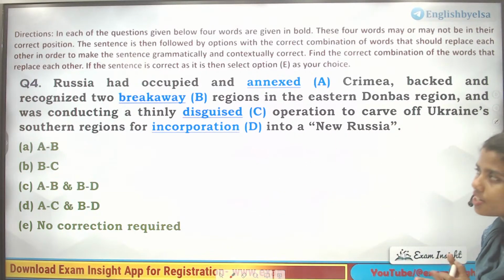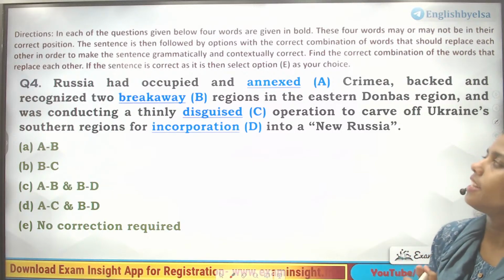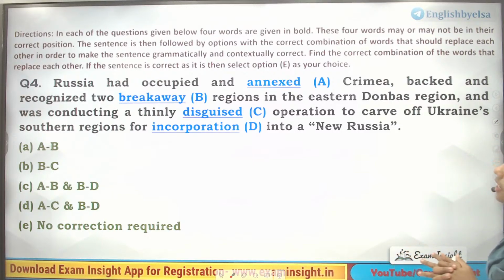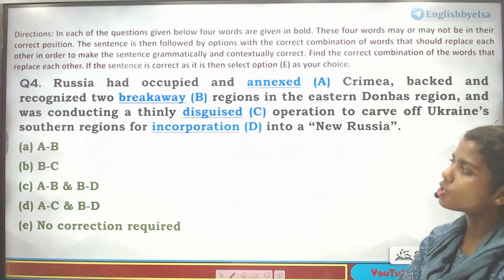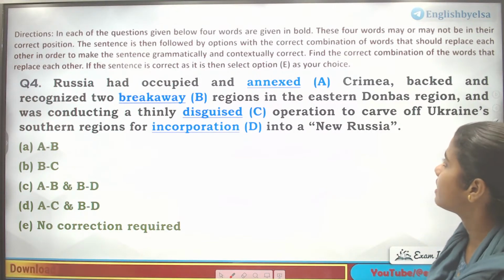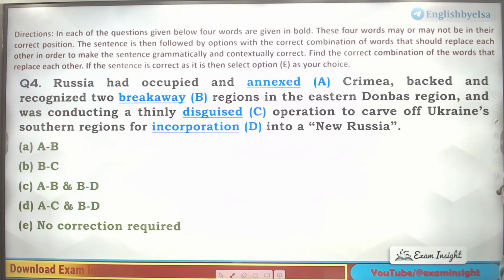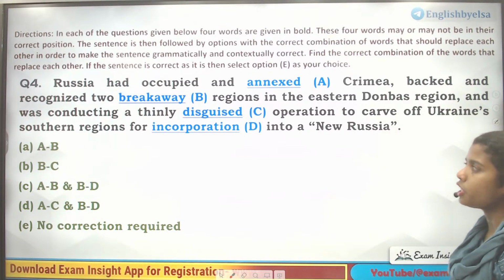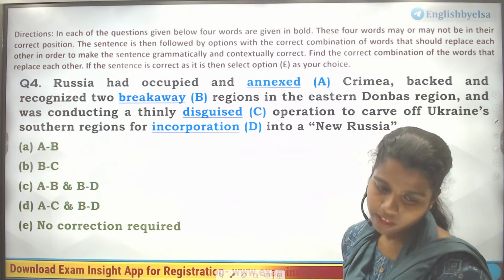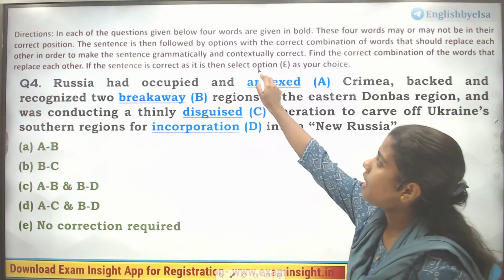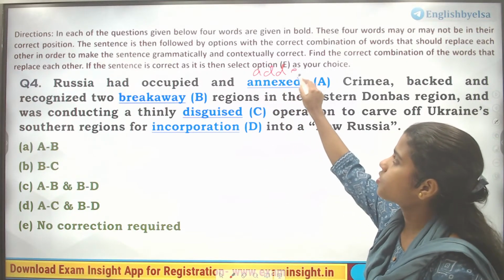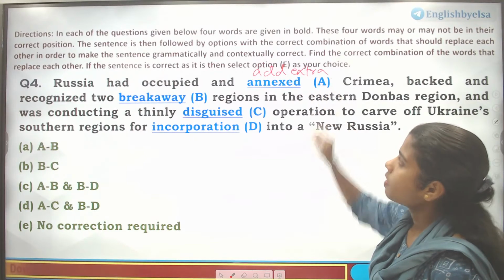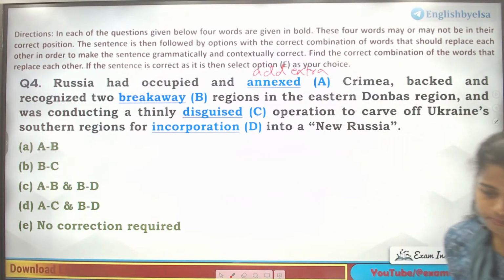Next is, Russia had occupied and annexed Crimea, backed and recognized 2 breakaway regions in the eastern Donbas region, and was conducting a thinly disguised operation to carve off Ukraine's southern regions for incorporation into a new Russia. Annexed means add, extra, in simple terms.